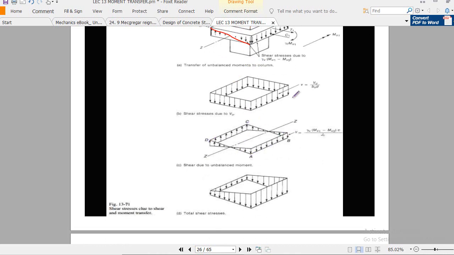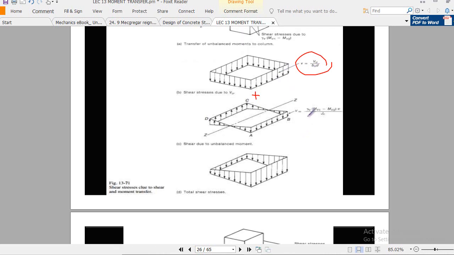Now we add these two results. You see here, by using this formula we find the uniformly distributed shear, and by using this formula, this is gamma V into Mu1 minus Mu2. So you find the net moment, which will be your total unbalanced moment.